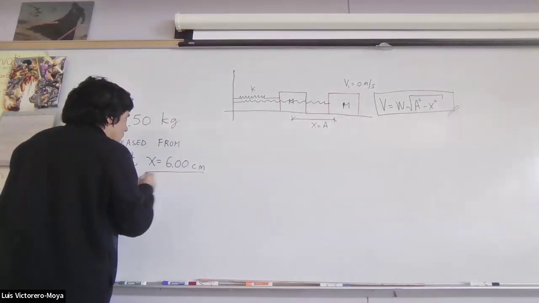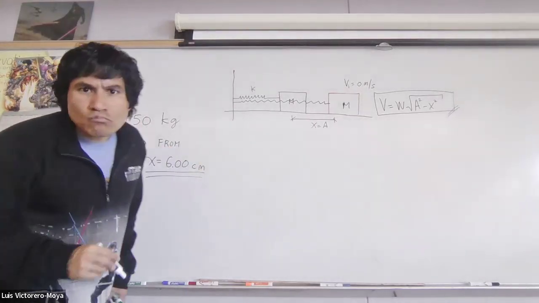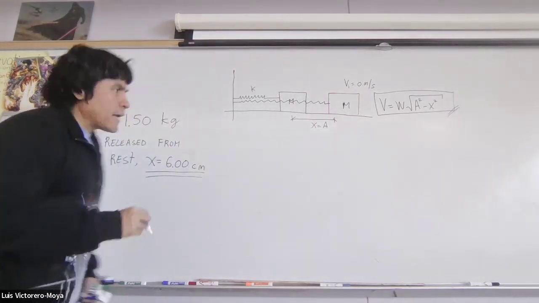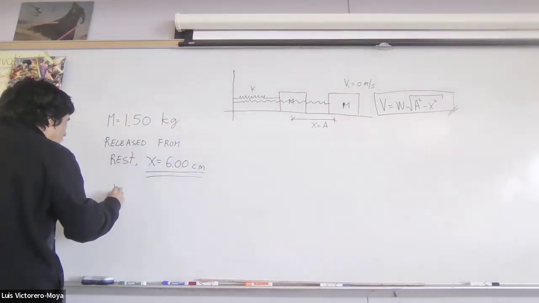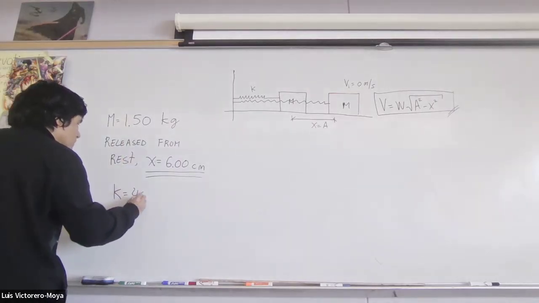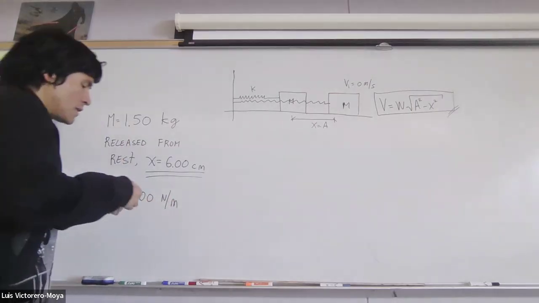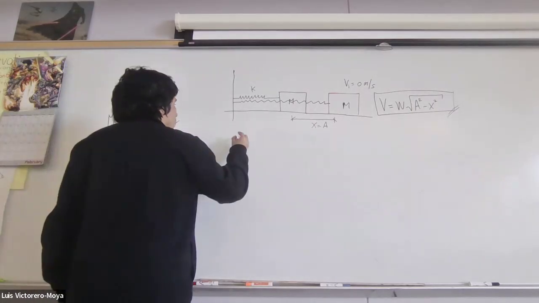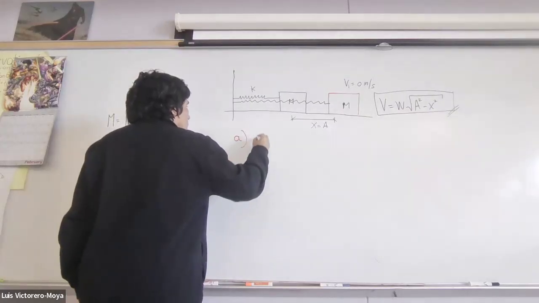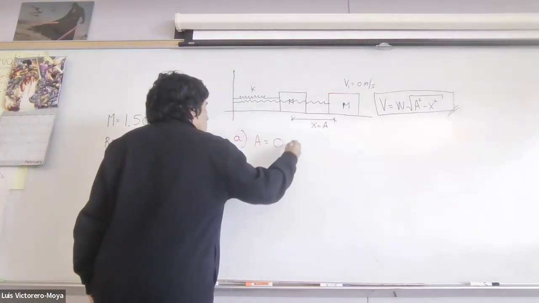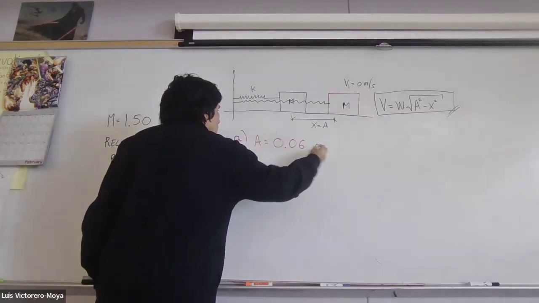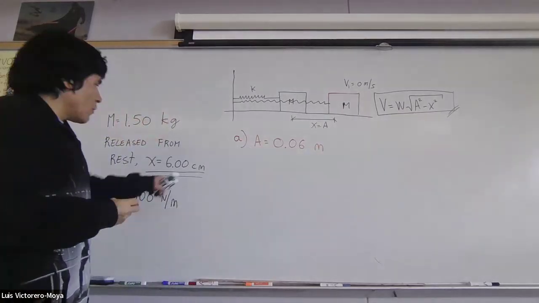So that ends up being the amplitude. And k is 400 newtons per meter. So part A is pretty easy. As I said, part A, the amplitude is just 0.06 meters, the position from which you release it.